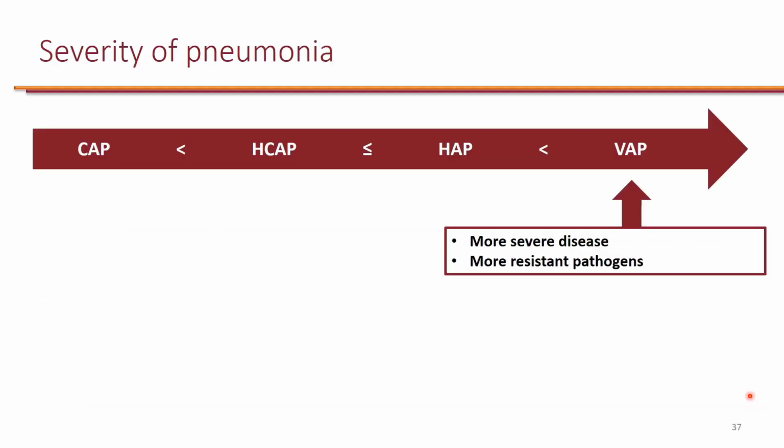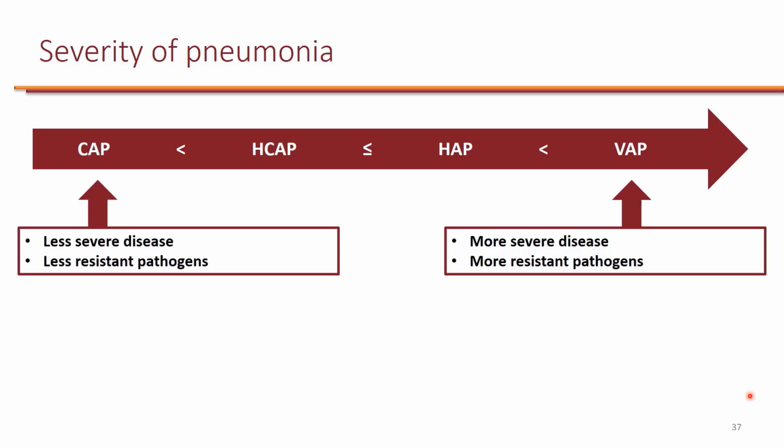At this point, you should know that VAP is a more severe type of pneumonia and is associated with more resistant pathogens, and CAP, or community-acquired pneumonia, is a less severe pneumonia caused by less resistant pathogens.